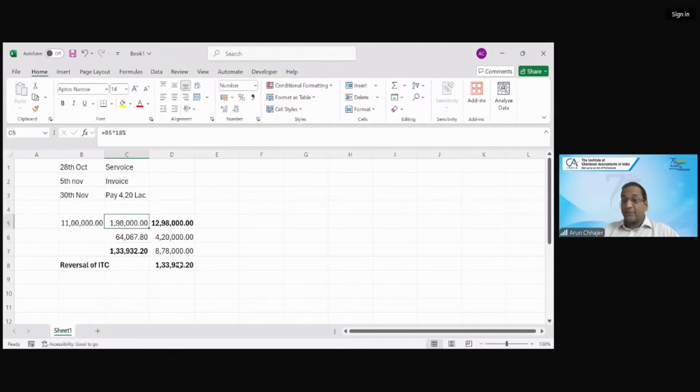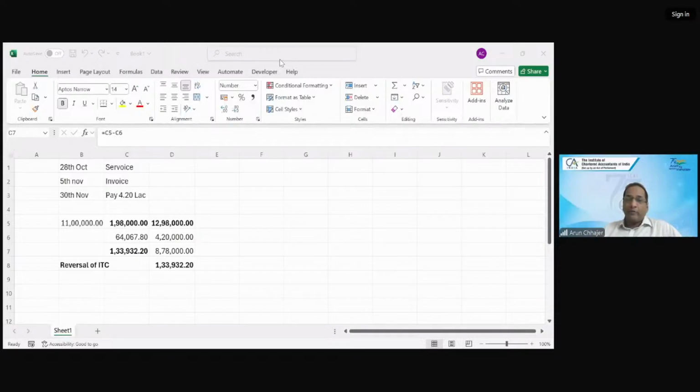You can calculate in this manner also. Total ITC 198. How much amount do you need to pay? 420. How much is the component of ITC GST on that? By doing the backward calculation, I have calculated this amount. The balance amount needs to be reversed. Very simple. Very nice.